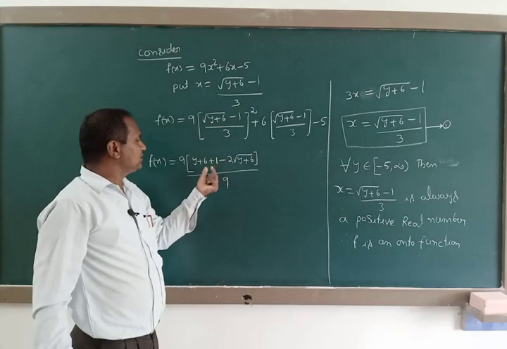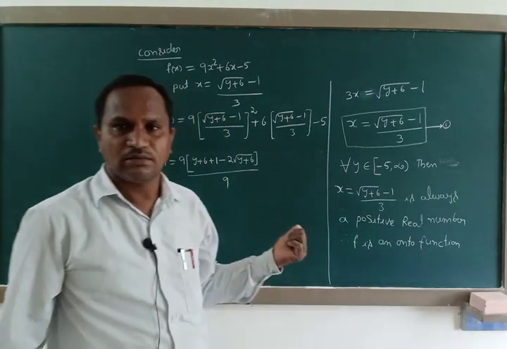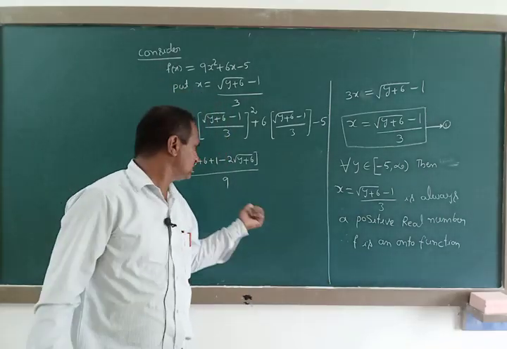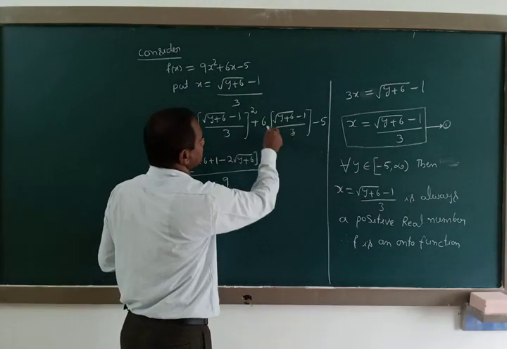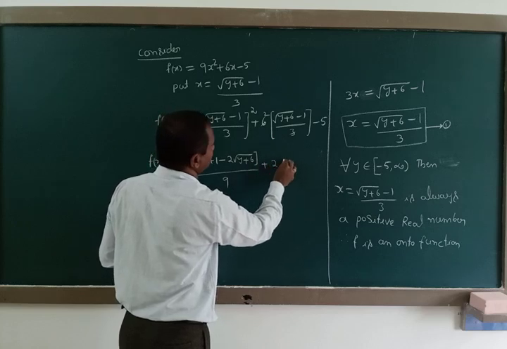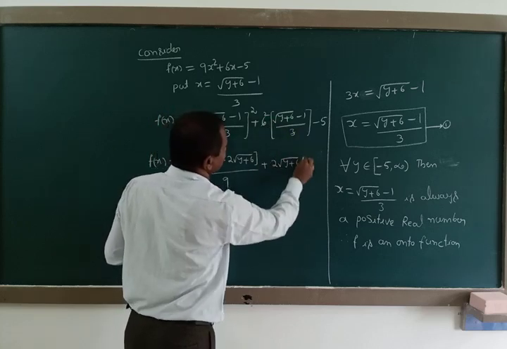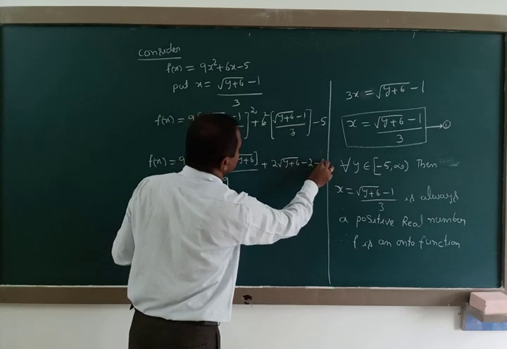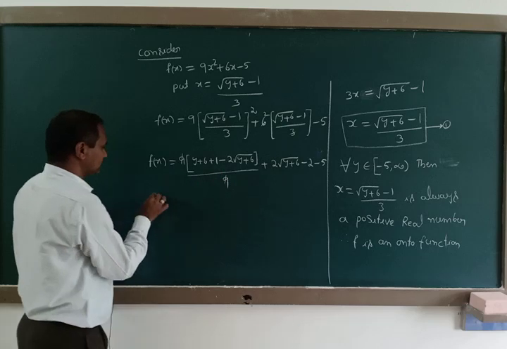To the numerator in the form of a minus b whole square: a square plus b square minus 2ab. Next, denominator becomes 3 square, 9 here. Multiplication: 2 into square root of y plus 6, 2 into minus 1 is minus 2, and the additional number is minus 5. 9 gets cancelled here.